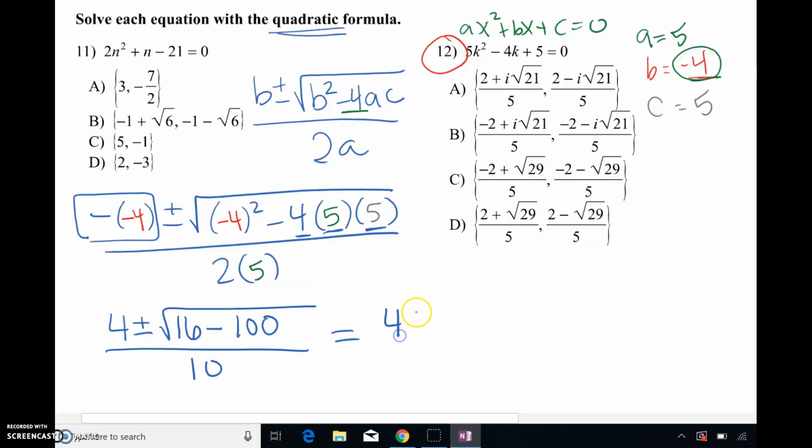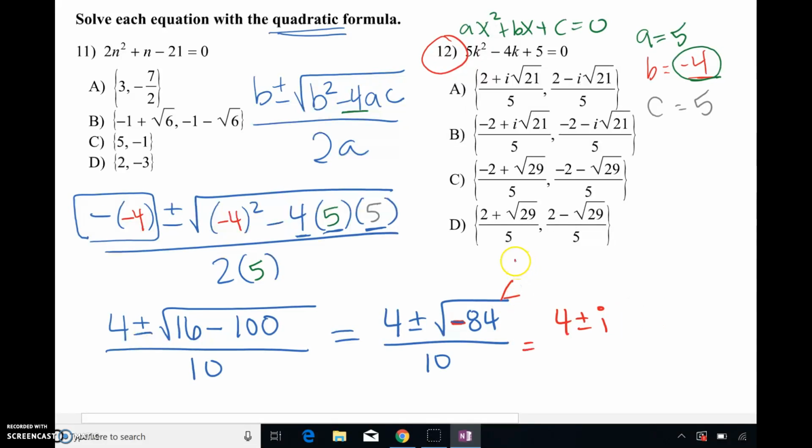So I'm going to have 4 plus or minus, what's 16 minus 100? -84? Right? Over 10. So anytime there's a negative inside of a radical, what do we know we need to take out? An i. So 4 plus or minus i, and then what is the square root of 84?